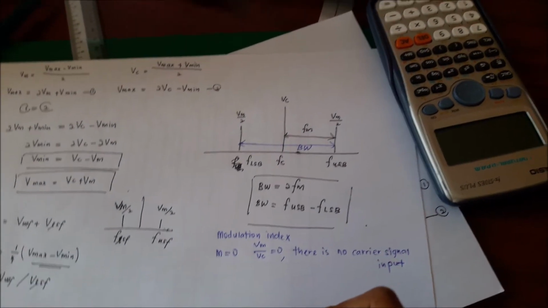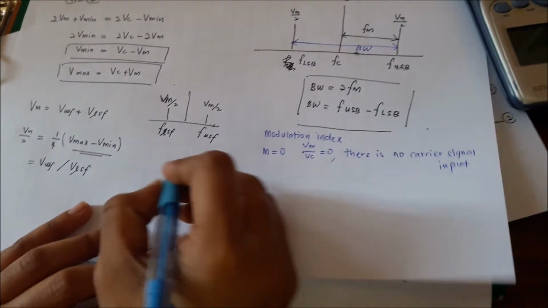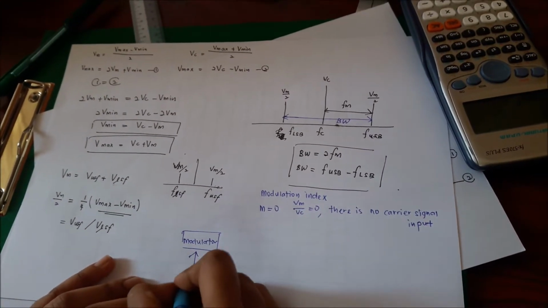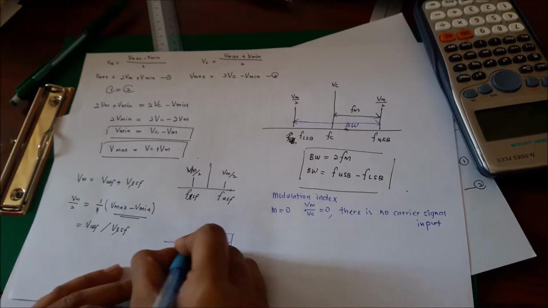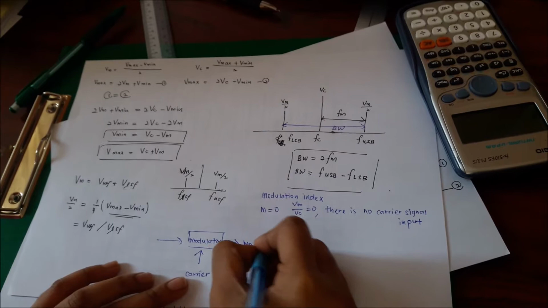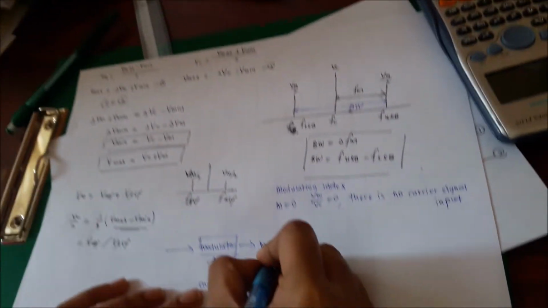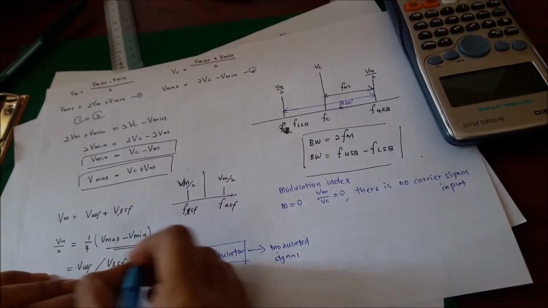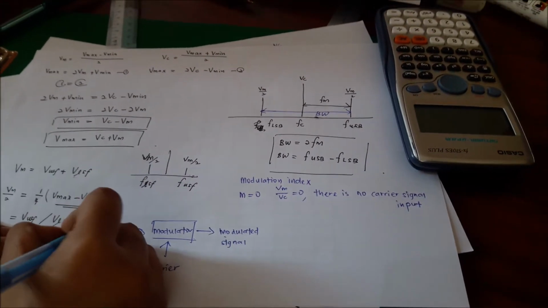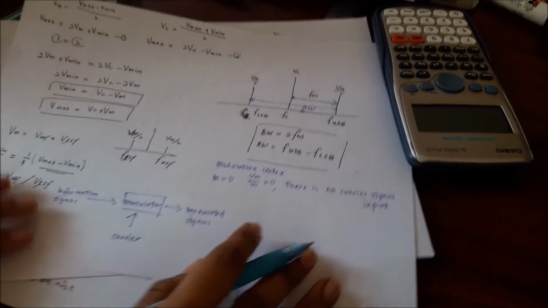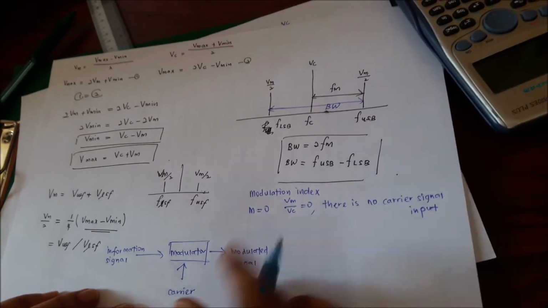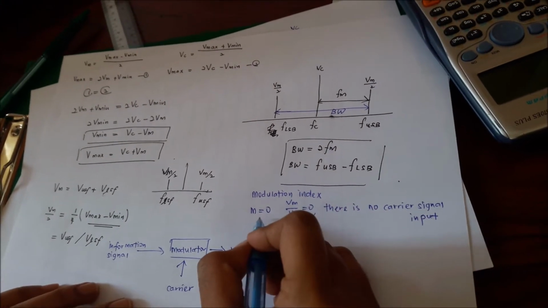Note that there is no carrier going inside your modulator. So there is no carrier going inside, therefore there is no modulation occurring. That's why your modulation index is 0.